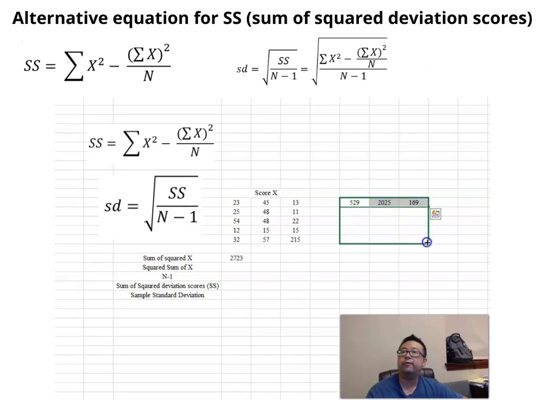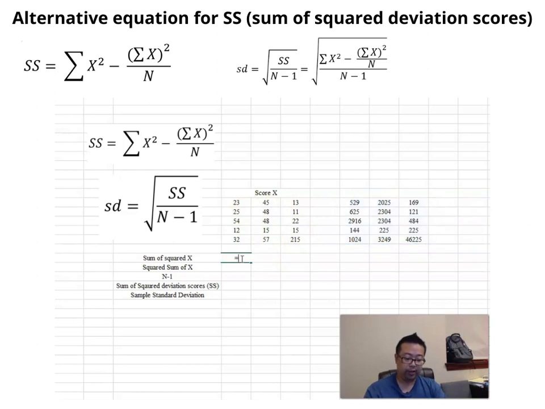Because you have a 3 by 5 matrix, you can create the same size of matrix. And then you can create SUM, open the bracket, and add them up. Then you have the sum of the squared x's. So this part is done.